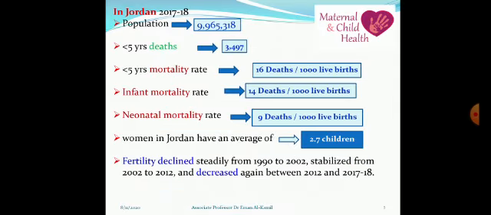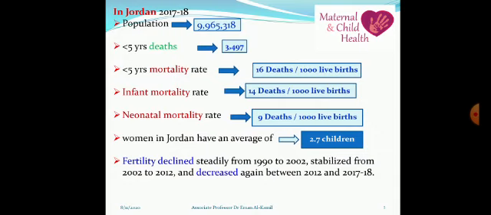In Jordan, in the year 2017, 2018, the total population was nearly 10 million, and the number of deaths of under 5 children is nearly 3,500.